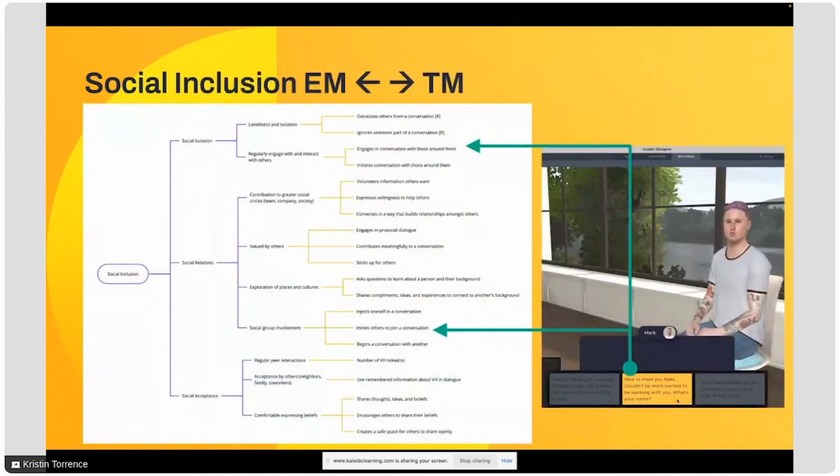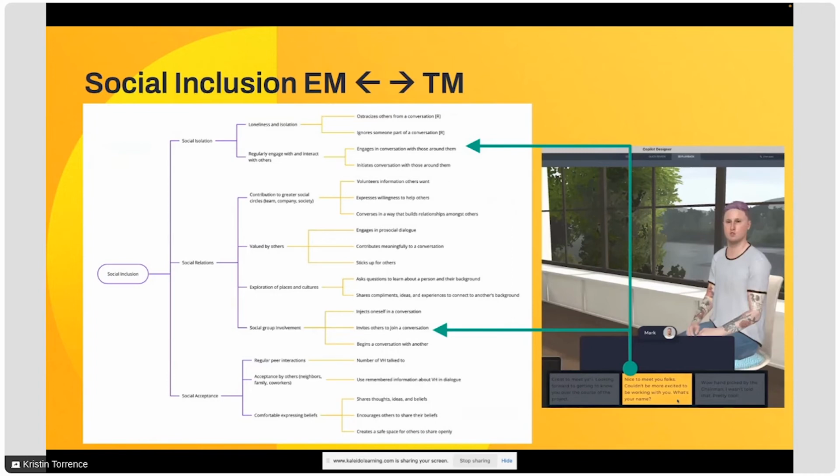So this is a conversation type virtual reality task meant to provide an opportunity to solicit behaviors associated with, again, social group involvement. So selecting that middle response is an observation of inviting another person in to join a conversation and an indicator of engaging in a conversation with those around you.